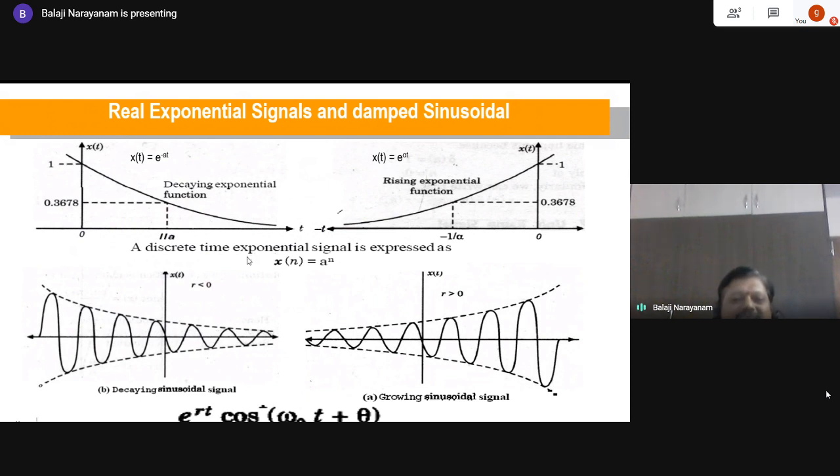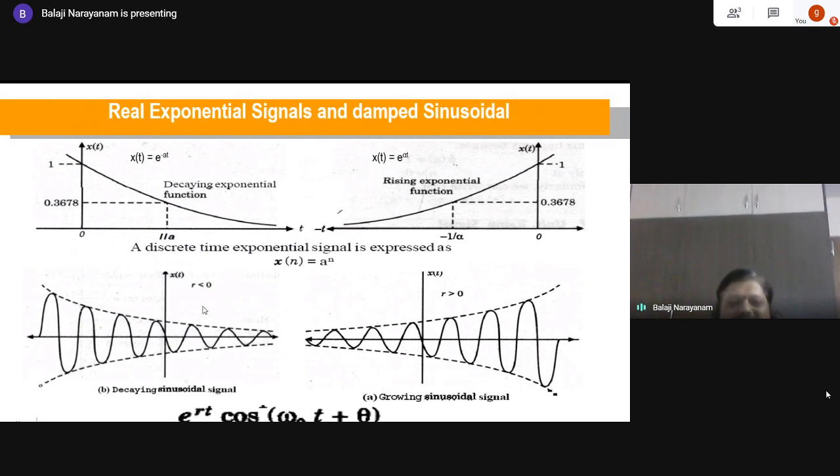A discrete time exponential signal can be expressed as x of n equals a power n. Here we have a plot of a decaying sinusoidal signal and a growing sinusoidal signal, and these are the two cases when r is less than 0 and r greater than 0, with the term r present in the equation e power rt.